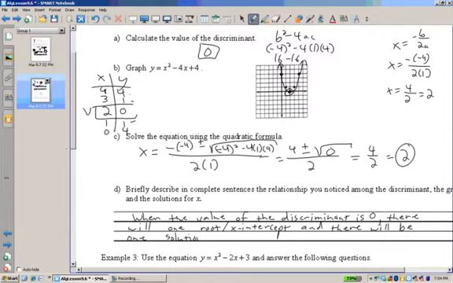And hopefully you realize that there is a very, very deep connection between the algebra, which is the quadratic formula, and the graphic method or tabular method, depending on how you're looking at it.